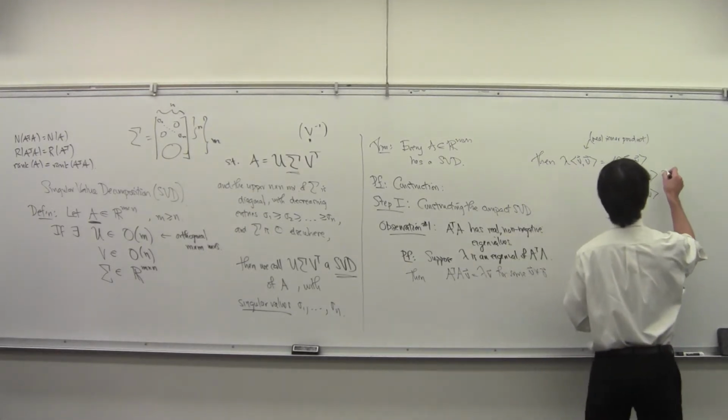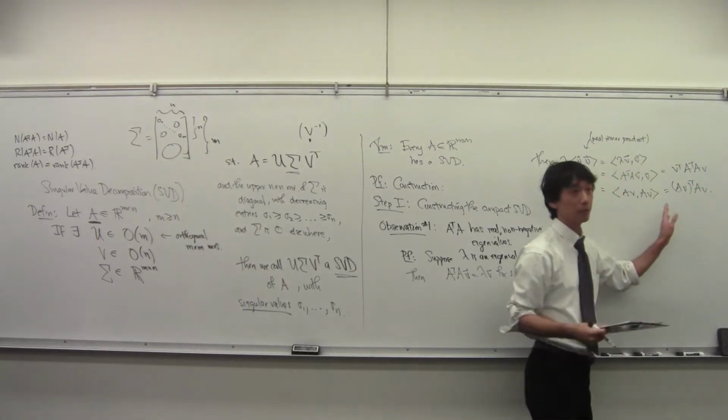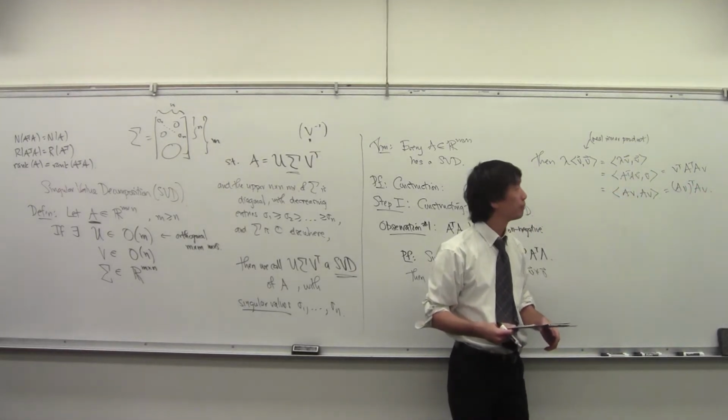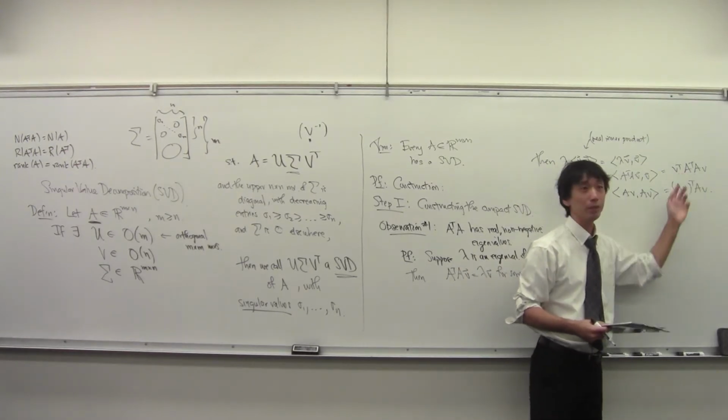This is v transpose A^T A v. This is (Av) transpose Av, and those are the same things. We get v transpose A transpose A v, which is this.